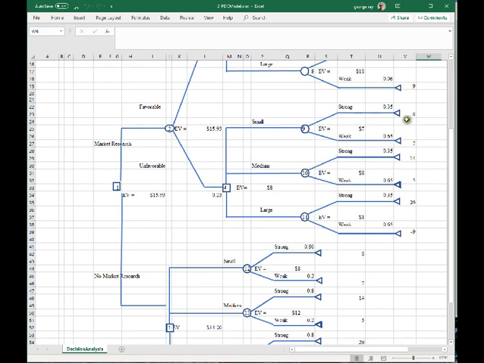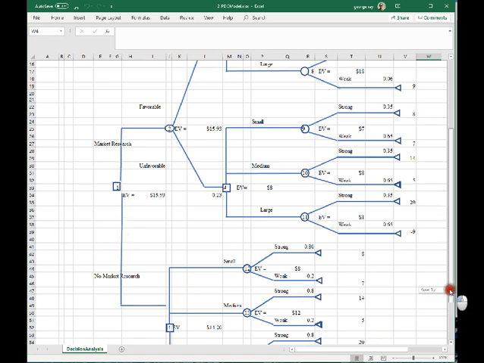So we have a decision to make initially before we even decide if we want to do a small, medium, or large complex. And the first decision we have to make is, do we want to conduct a marketing research study? So we have 2 branches from that. One is that we do want to conduct a market research study, and the other is that we don't.